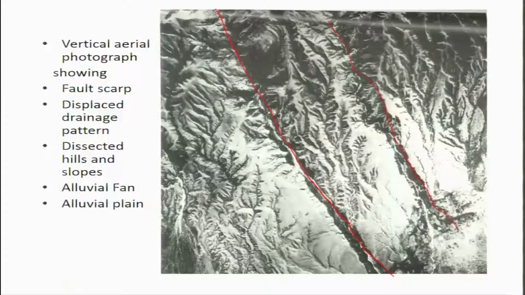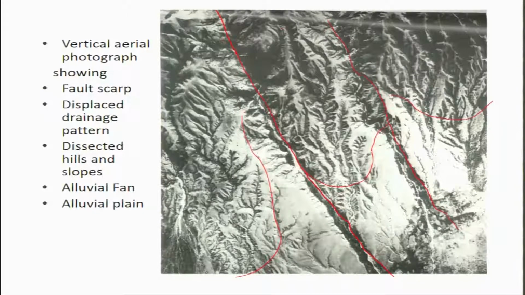Why? Because it is cross cutting the fluvial terrain and bisecting the drainage patterns, and there is a sense of movement between these two drainage basins. There is one drainage basin and this is another drainage basin, and then you will find another drainage basin.